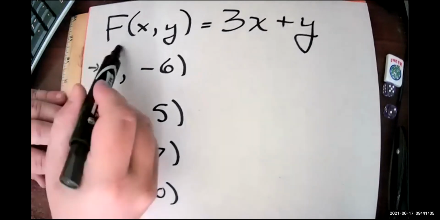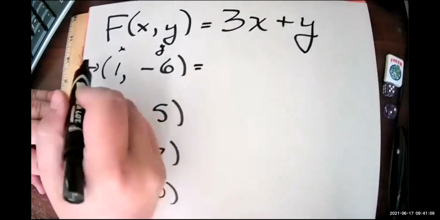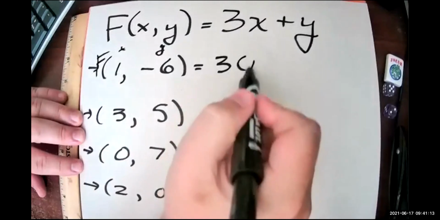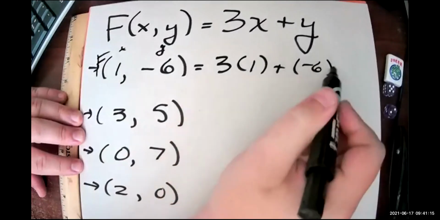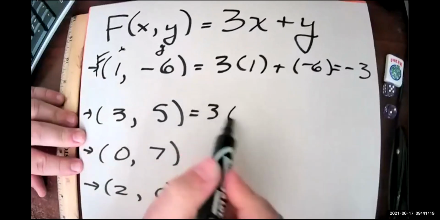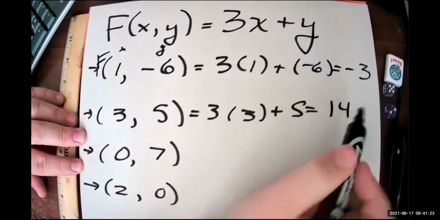Every point has an x value and then a y value. So for this one, to find f of this, it would be 3 times 1 plus -6, which is -3. For this one, it would be 3 times 3 plus 5, which is 14.